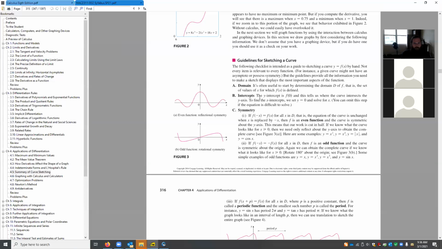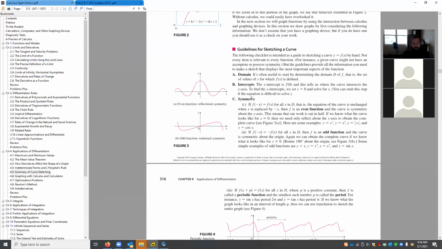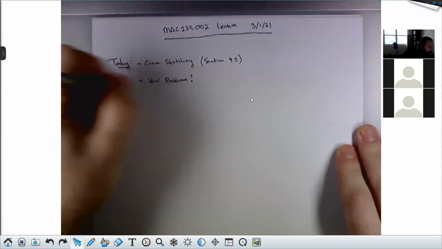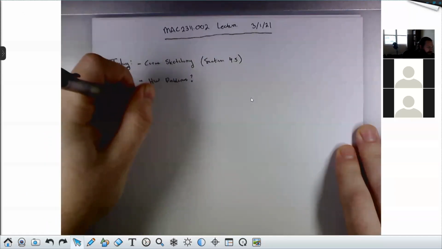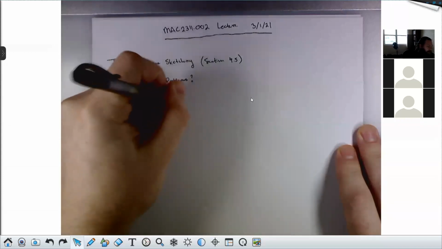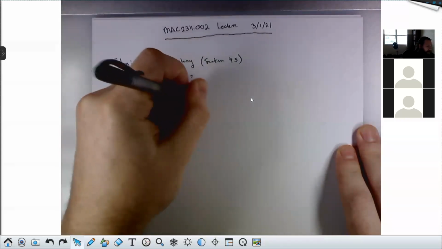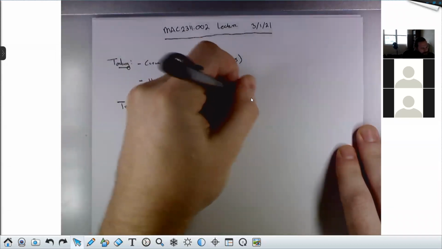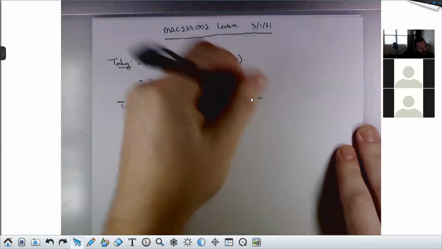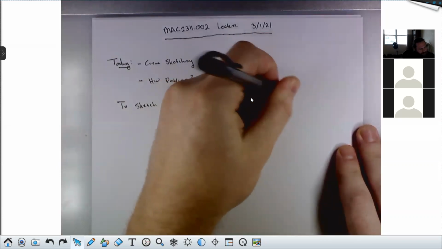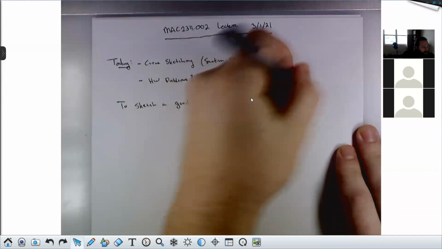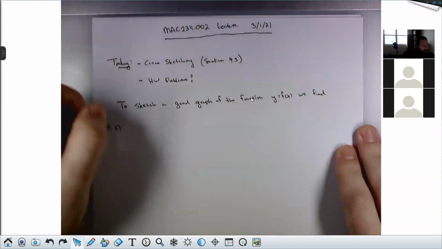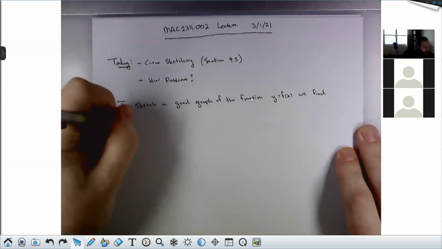So first, let me just go ahead and write down this algorithm. To sketch a good graph of the function y equals f of x, we find, and I'll label it like they do, first, the domain.